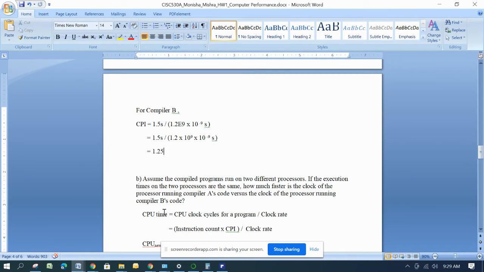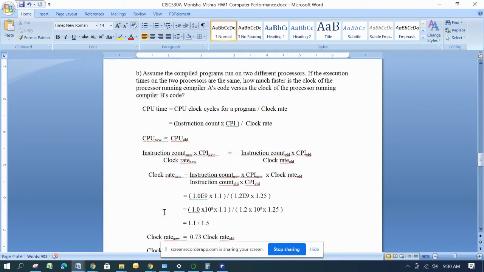Now moving to the second question. Assuming the compiled programs run on two different processors, if the execution times on the two processors are the same, how much faster is the clock of the processor running compiler A's code versus the clock of the processor running compiler B's code? Here we are using the same formula again: CPU time equals CPU clock cycles for a program divided by clock rate, where CPU clock cycles per program is instruction count into CPI.